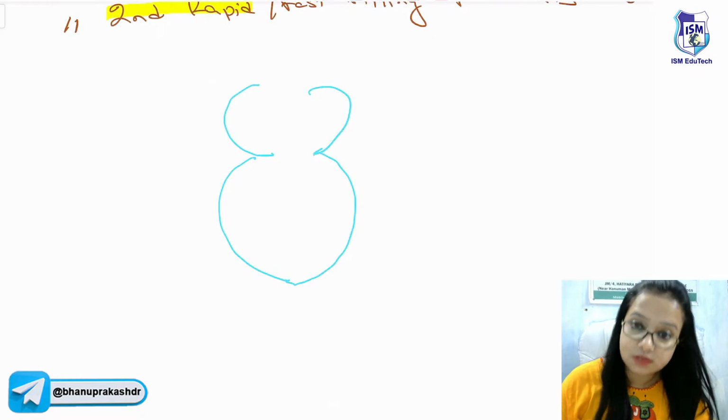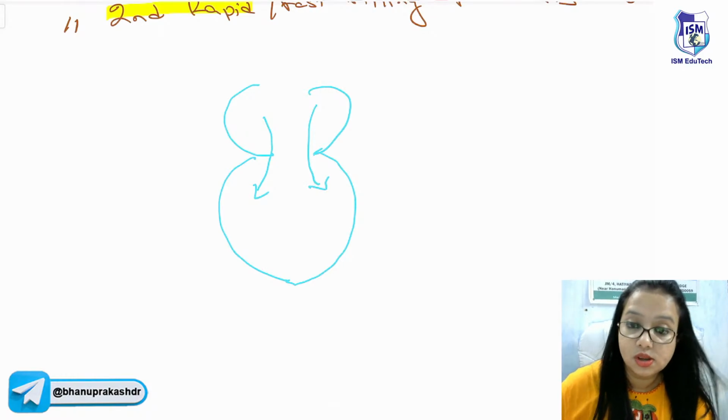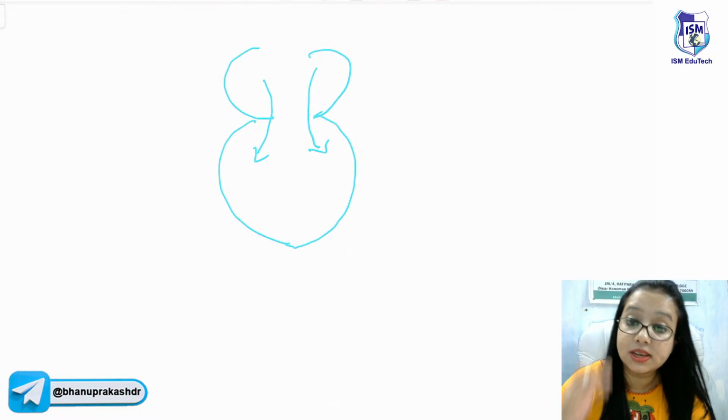Blood to the ventricle comes only from the atria. There is no other source by which the ventricles get filled. There is only one place from which they get filled, that is the atria.